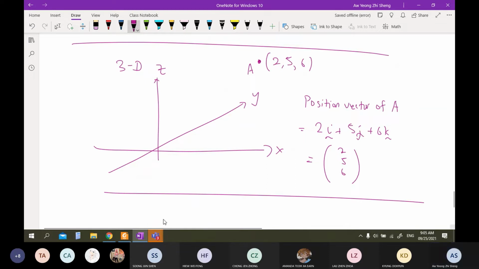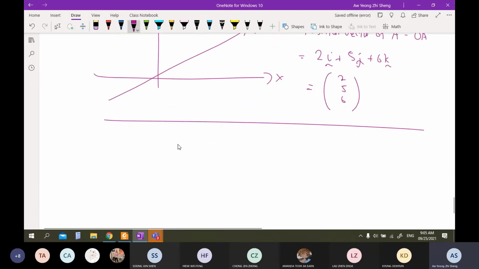Okay. So similarly, if you are given the position vector, this is actually equal to OA. So similarly, if you are given, let's say, OB is equal to the vector minus 4, 3, 5, then you can straight away tell the coordinates of B will be minus 4, 3, 5, just like this. Just copy back the same numbers, but in a different form.